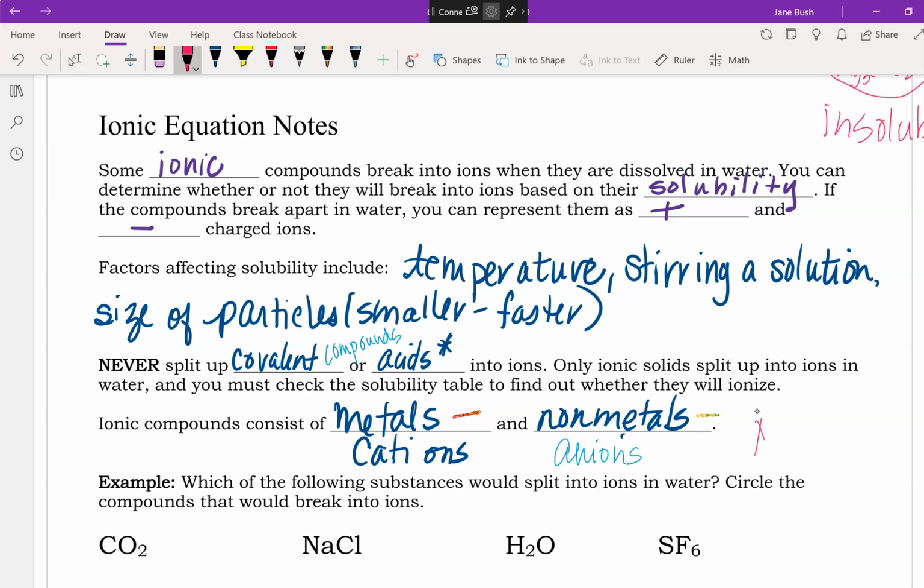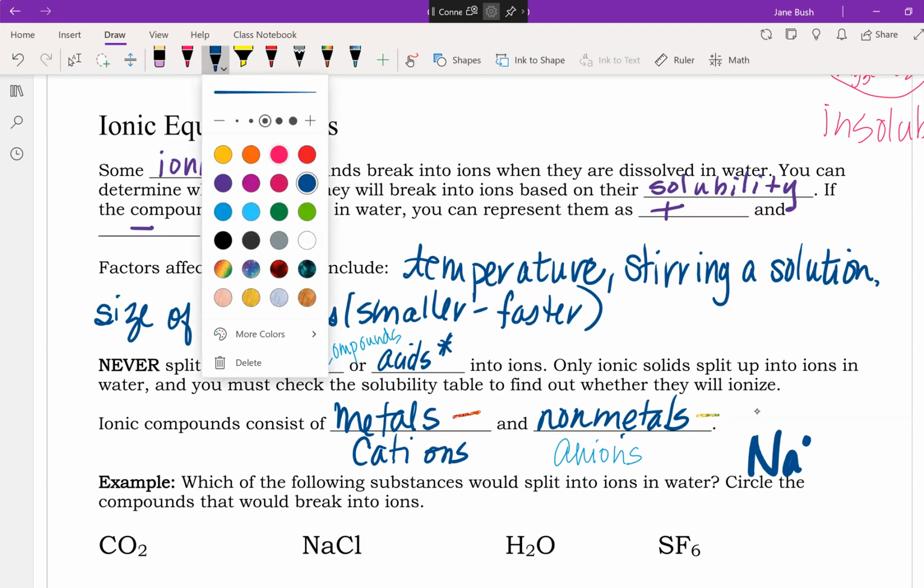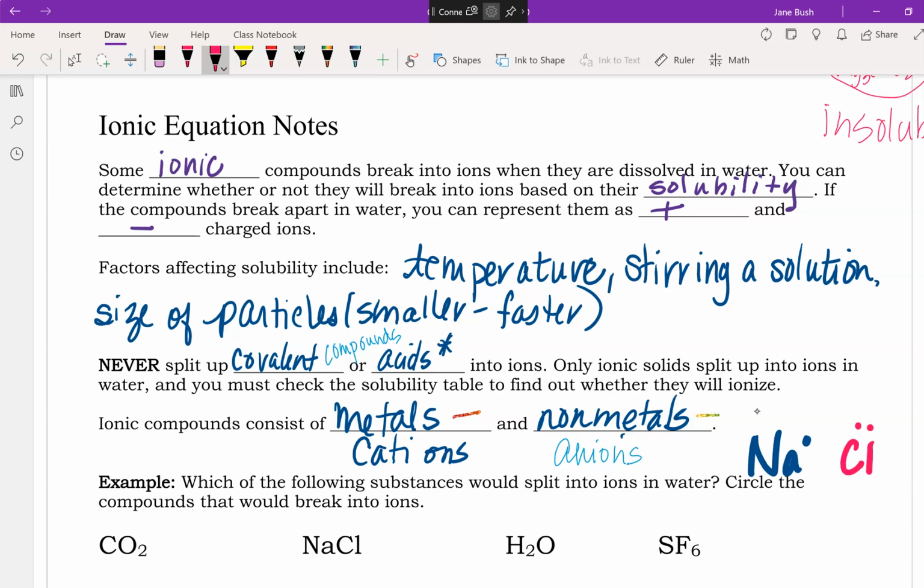For instance, sodium chloride. What does sodium want to do to be happy? Sodium wants to give away an electron. He wants to give his one electron away to chlorine.